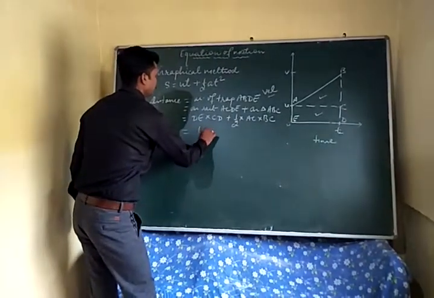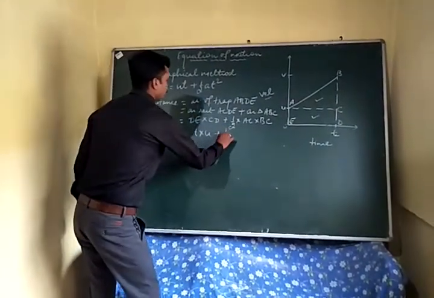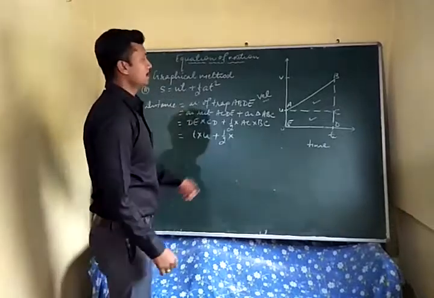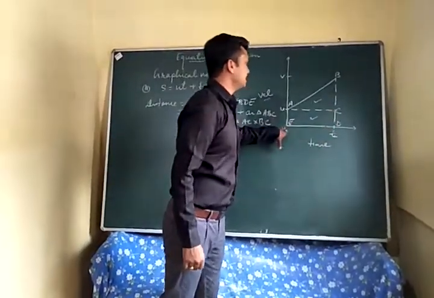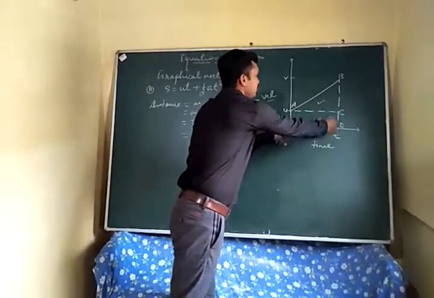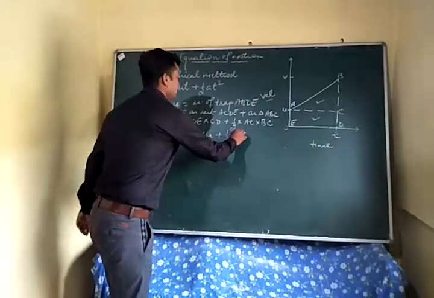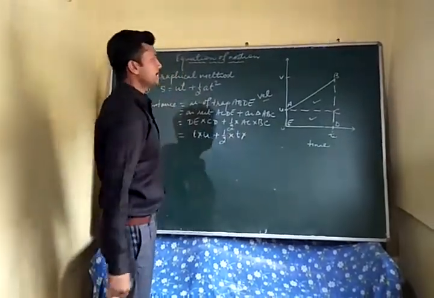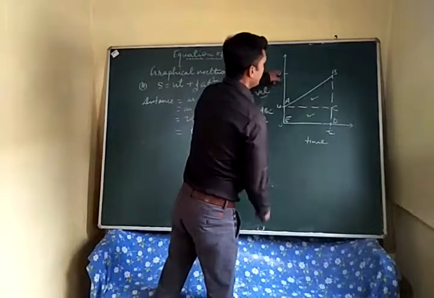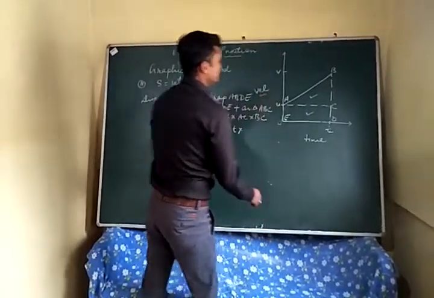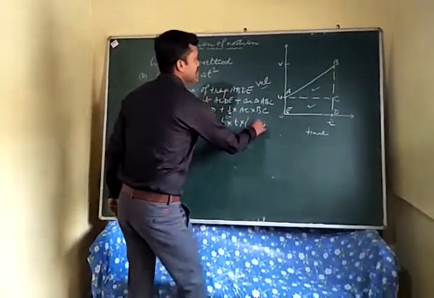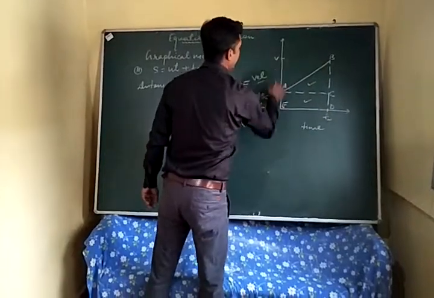So we can write t into u, plus half into AC, where AC is equal to DE, whose value is t, and BC can be written as v minus u.